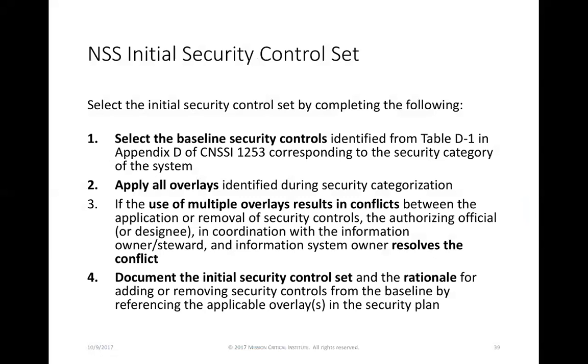If the use of multiple overlays results in conflicts between the application or removal of security controls, the AO is the one who decides how to resolve the conflict. Then you document the initial security control set and the rationale for adding or removing security controls.